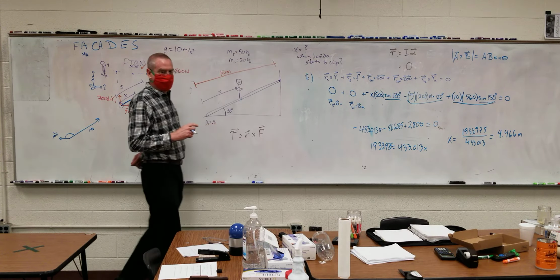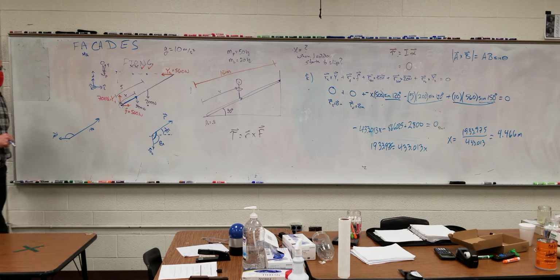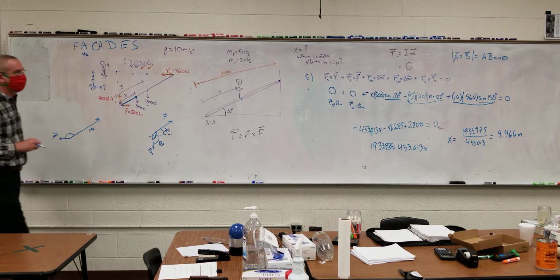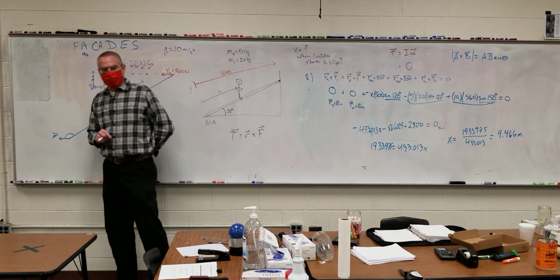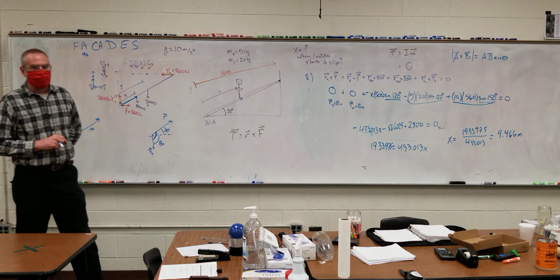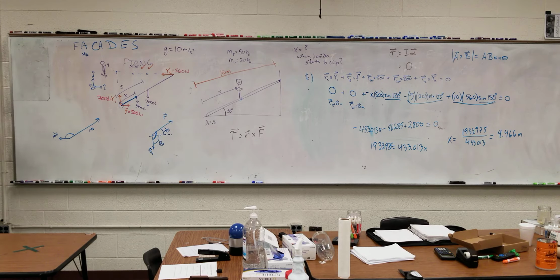Questions? I'm going to ask some follow-up questions, but any questions on what we have here? If we had a value of x that was negative, what would that have meant? The ladder wouldn't slip. The opposite. The ladder would slip sooner.